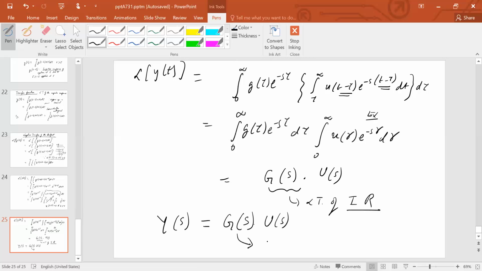This Laplace transform of the impulse response is what we call the transfer function, a very important thing that we'll encounter throughout this course, the transfer function of the linear time invariant system. So convolution in the time domain leads to multiplication in the frequency domain. We've actually proved that here.